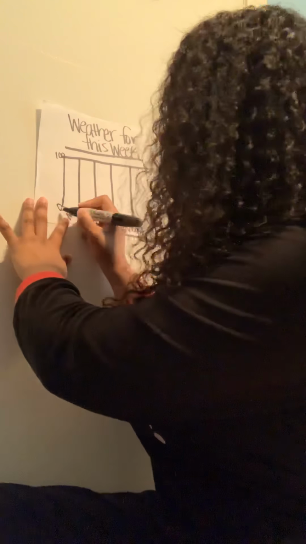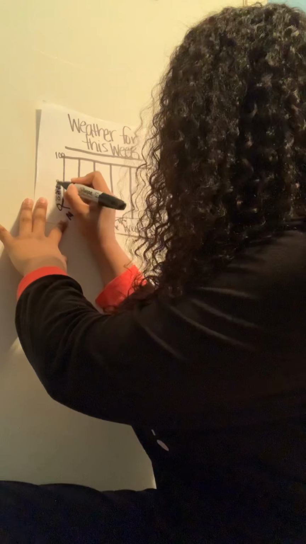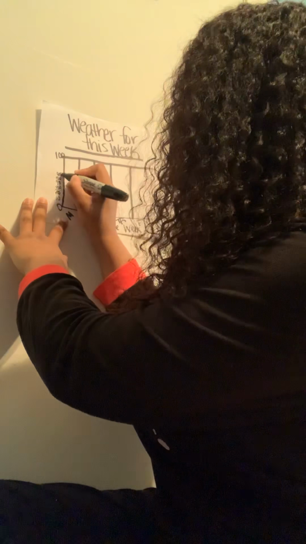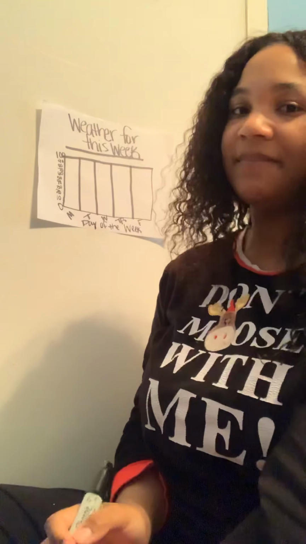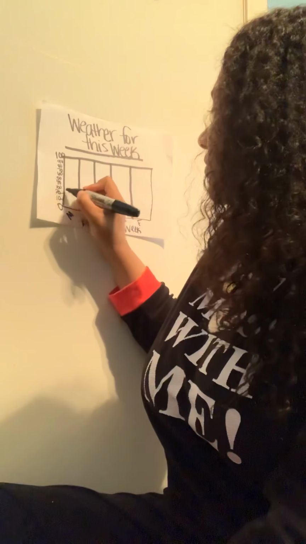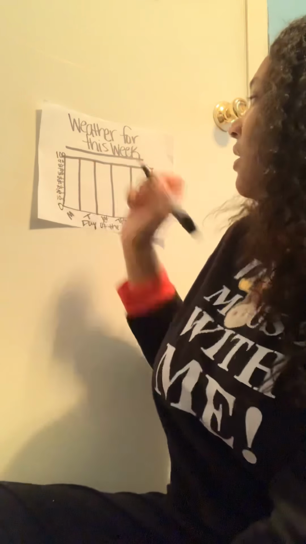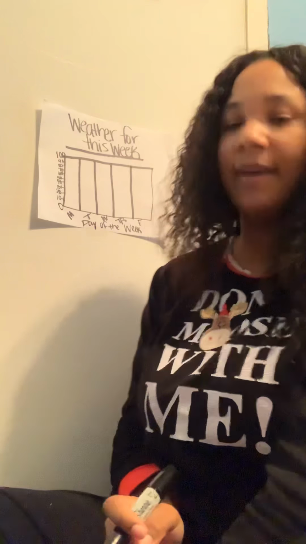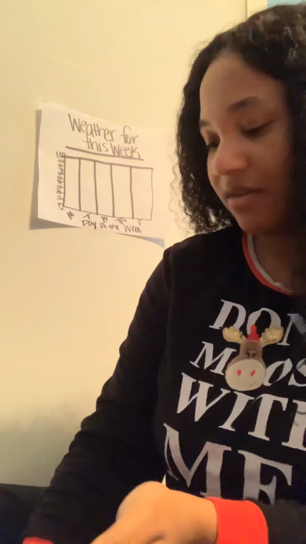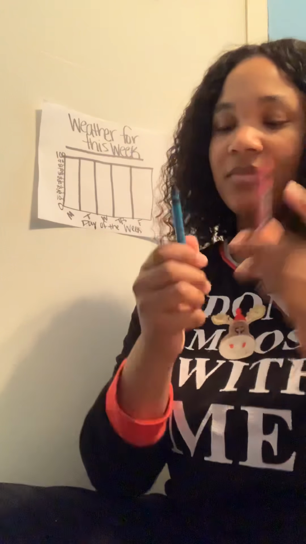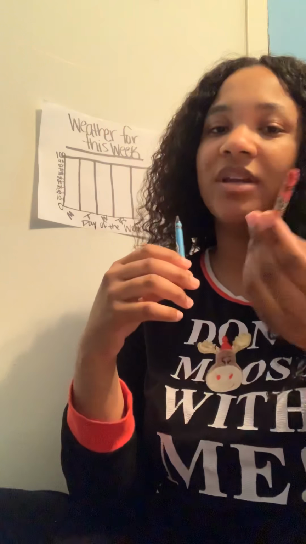So we're going to start 0, 10, 20, 30, 40, 50, 60, 70, 80, 90, and then 100 is at the very top. To do this, we're going to have two different colors. I'm going to use my blue for my low, and the red is going to be my high.